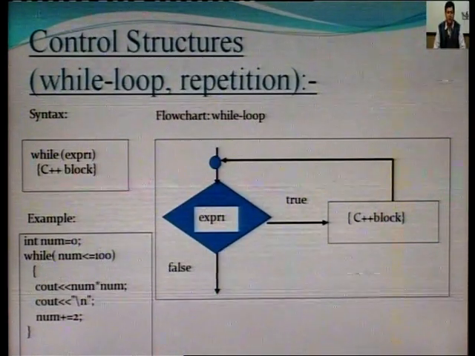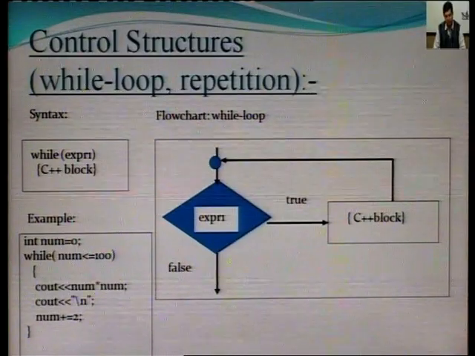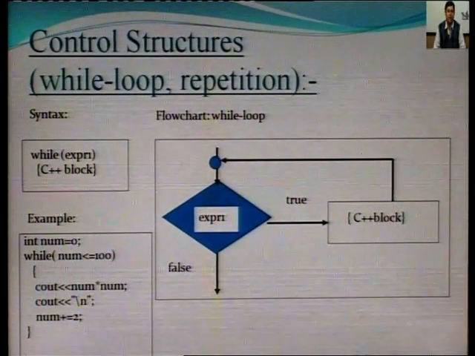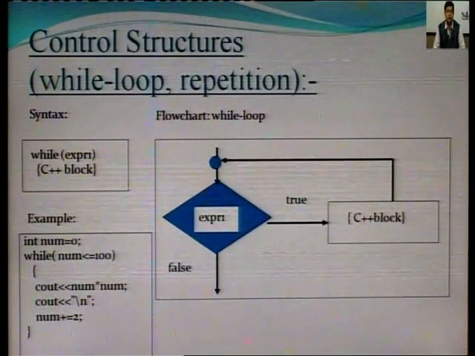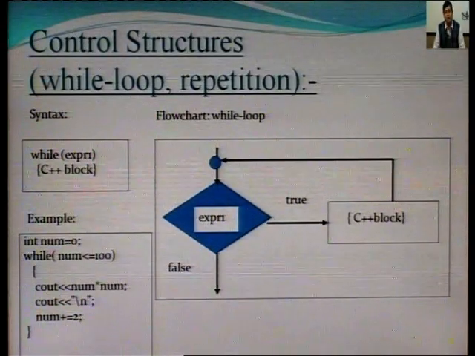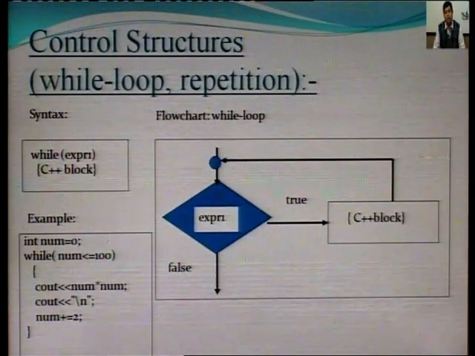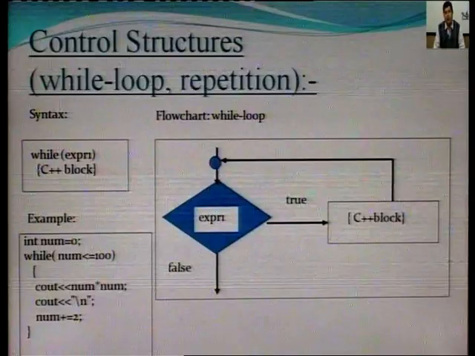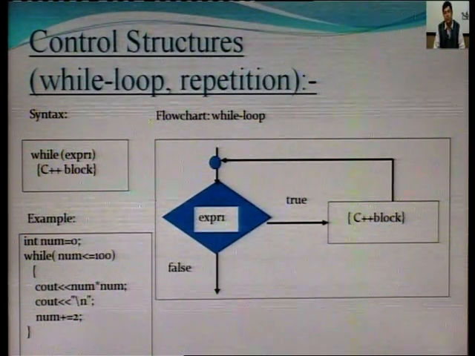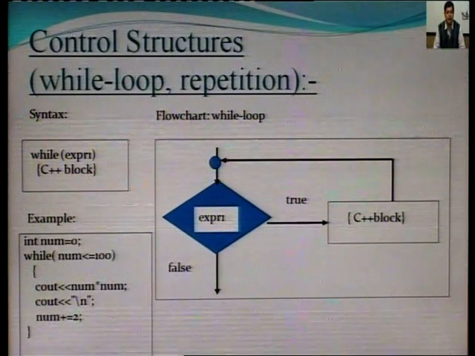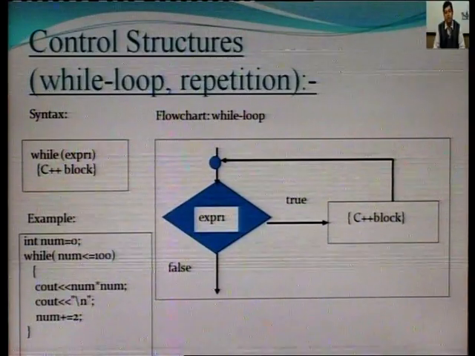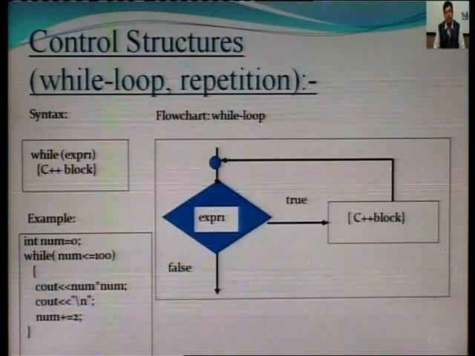Now let us look at the example of the while loop. First, if we look at the syntax, while expression 1 is given, then a block of C++ instructions is given. Now what is happening: we check the expression first, and if the expression is true, we execute those instructions, go back, and check expression 1 again. If expression 1 keeps giving us a true value, the loop will never end.